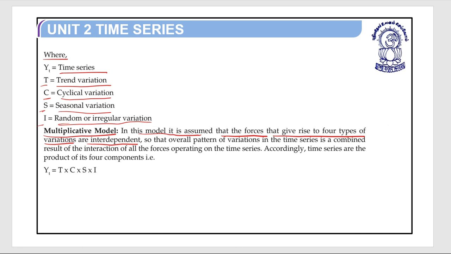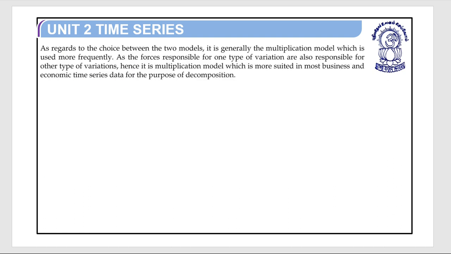They are interdependent. In additive, they are not dependent. So that the overall pattern of variations in the time series is the combined result of the interaction of all the forces operating on the time series. Accordingly, time series is the product of its four components. Yt is equal to T into C into S into I.